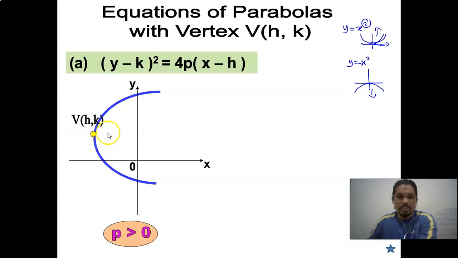The determination of whether the graph is open to the right or left is all based on the value of p here. Where p is greater than 0, it will be open to the right, and the other way around, if p is less than 0, the graph will open facing to the left.